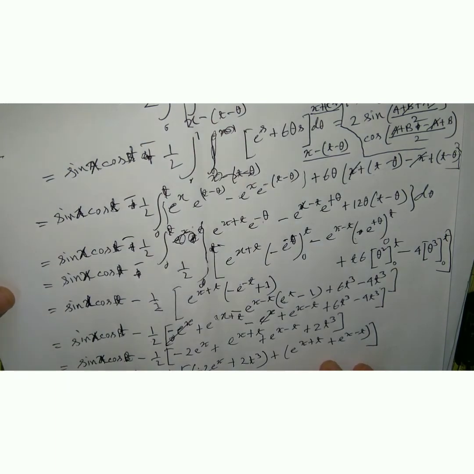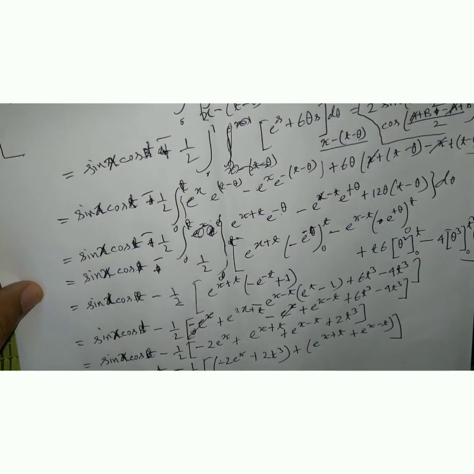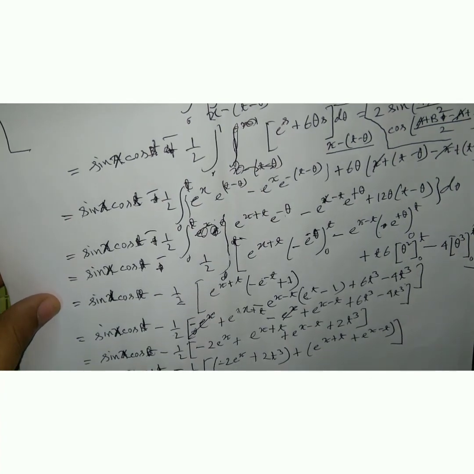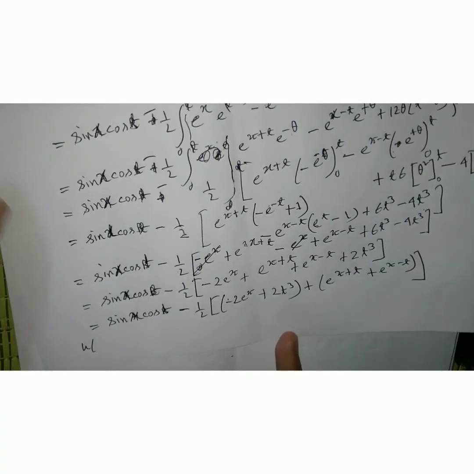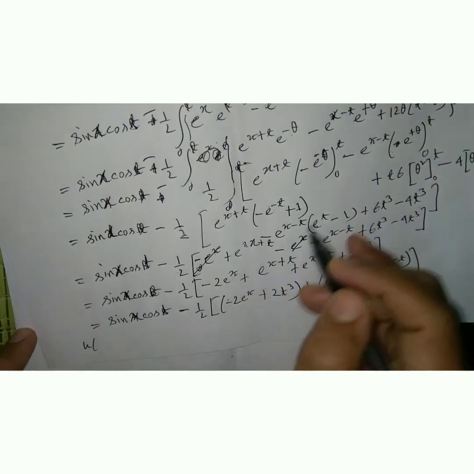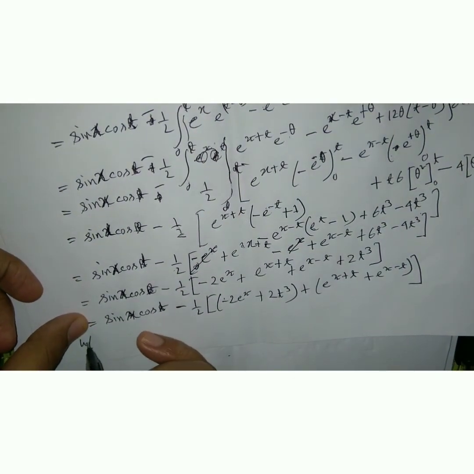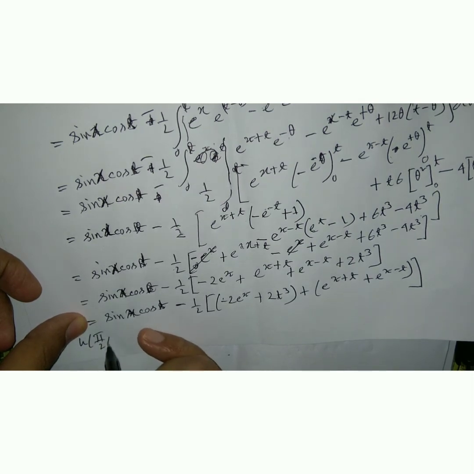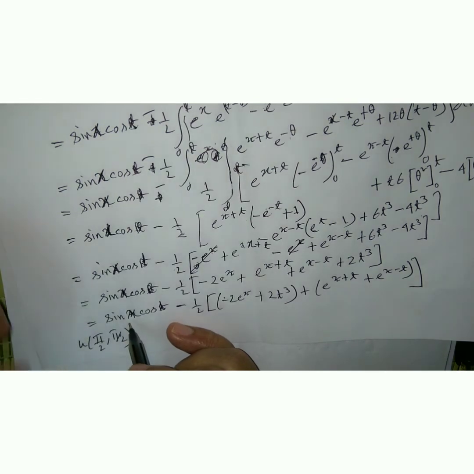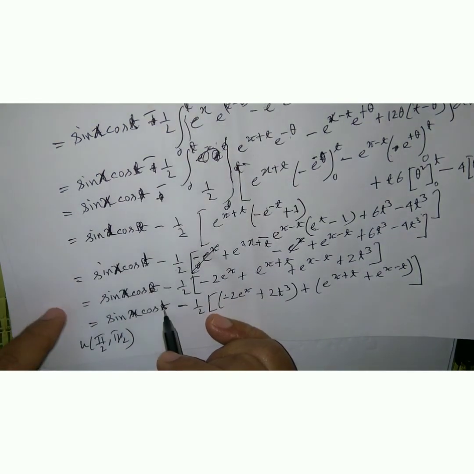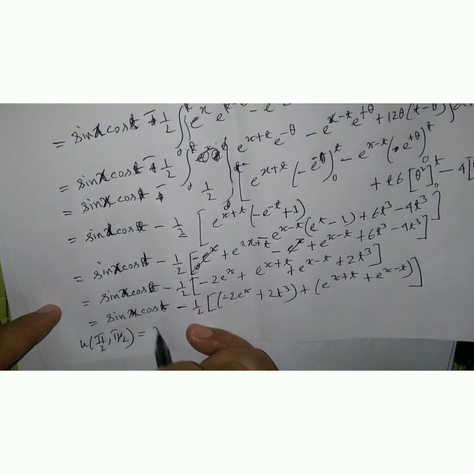Next, whatever I get, next I get u at pi by 2 comma pi by 2. I have to find out pi by 2 comma pi by 2. So when I put in here sin pi by 2 cos pi by 2, cos pi by 2 is equal to 0, so it is 0.